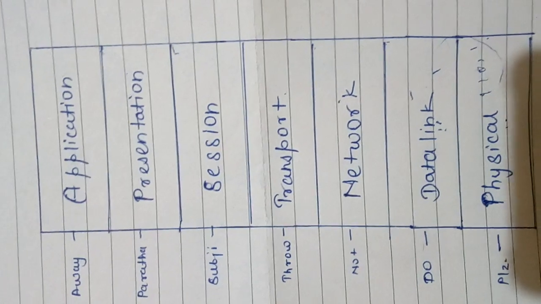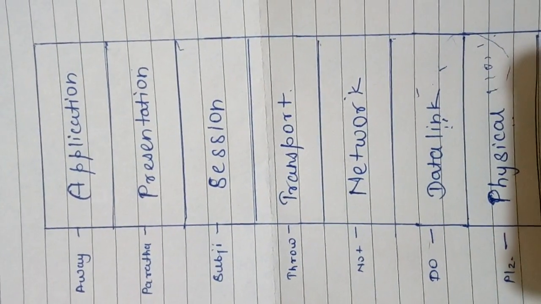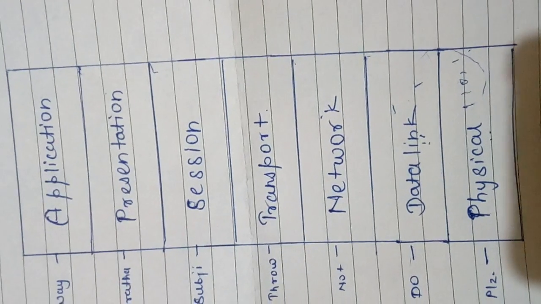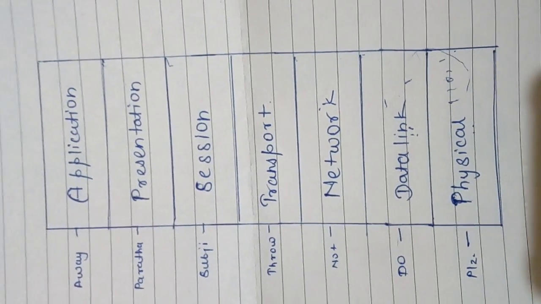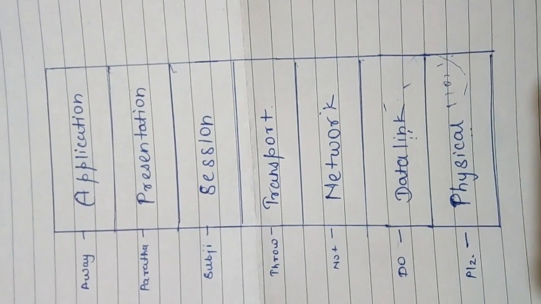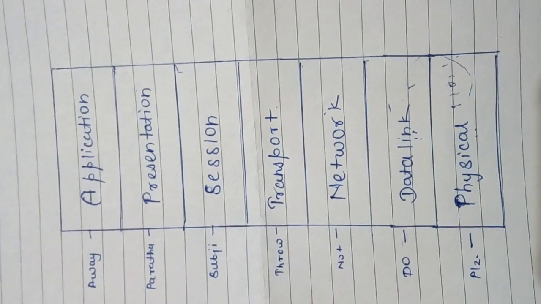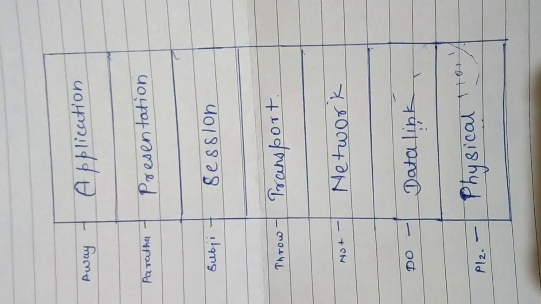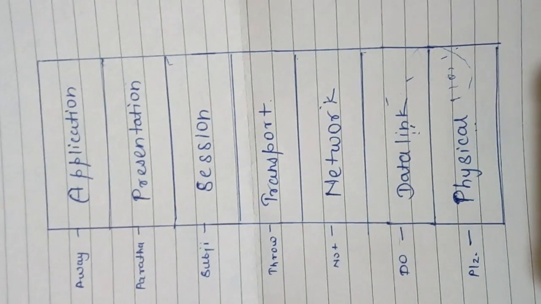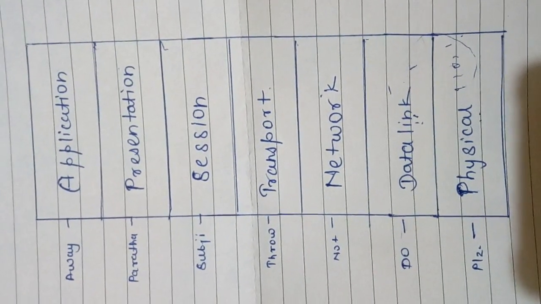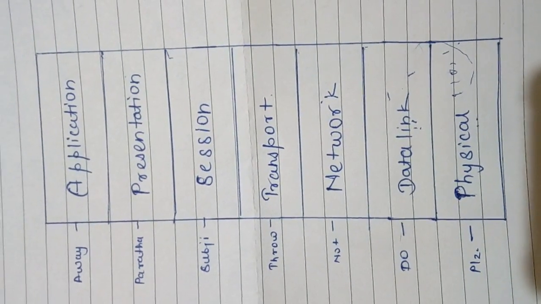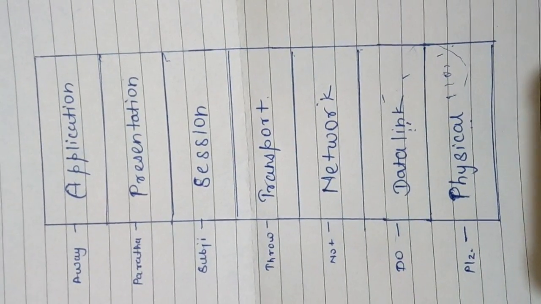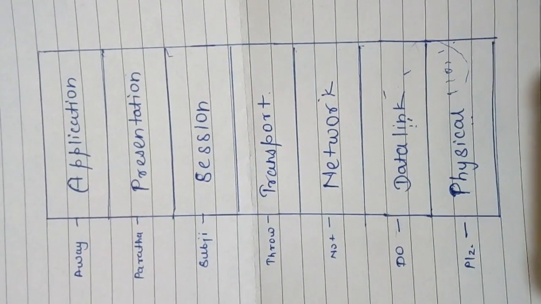Let's go to network. What do you understand by the term network when it comes to your mind? Network means anything which is responsible for transmitting or a route. So the network layer's main aim is also to provide a route. The network layer is provided mainly for routing.